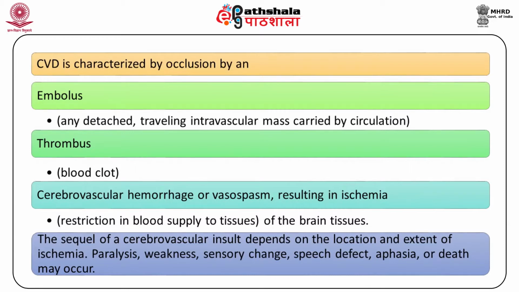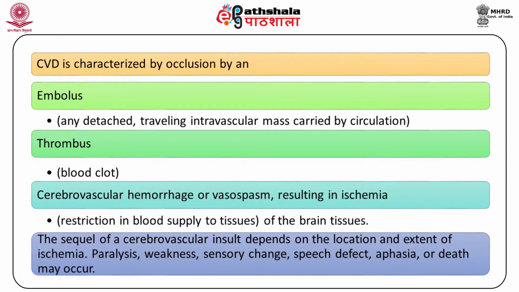CVD is characterized by occlusions by an embolus, any detached traveling intravascular mass carried by circulation, thrombus, blood clot, or cerebrovascular hemorrhage or vasospasm, resulting in ischemia, restriction in blood supply to tissues of the brain.